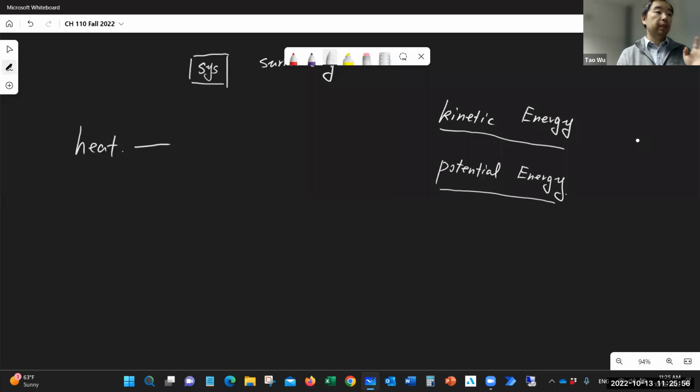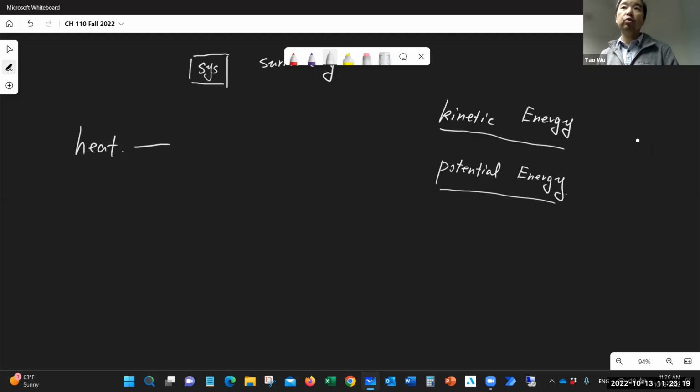Potential energy we also talk about in chemistry. In physics, if you lift up an object, the object is potentially going to drop, right? All objects will drop. This kind of energy we call potential energy.